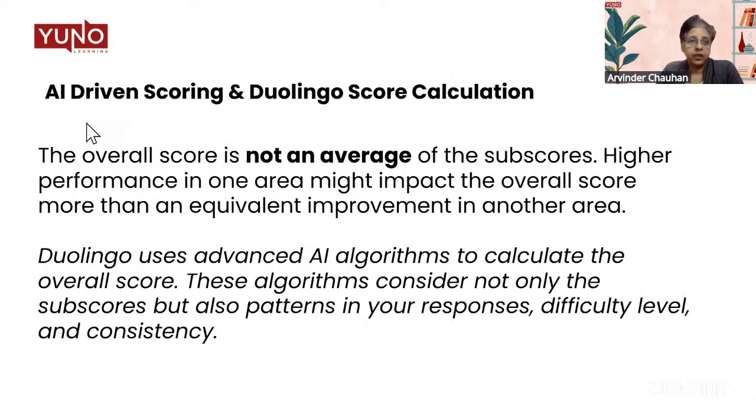Now, AI-driven scoring and Duolingo score calculation. The overall score is not an average of the sub-scores. Higher performance in one area might impact the overall score more than an equivalent improvement in another area.